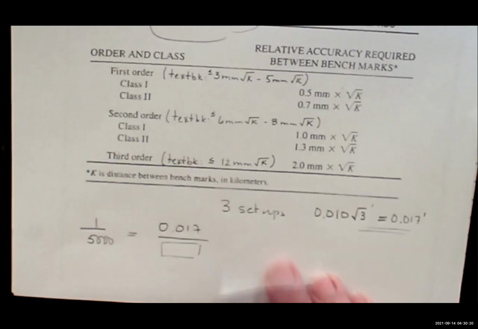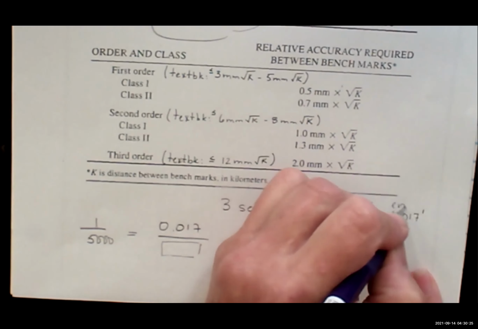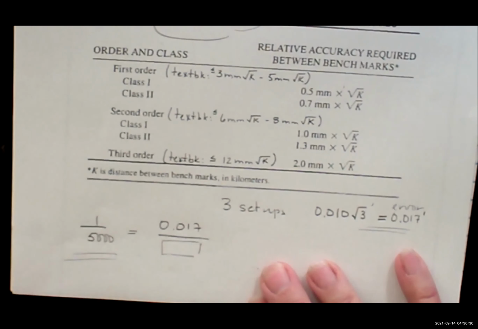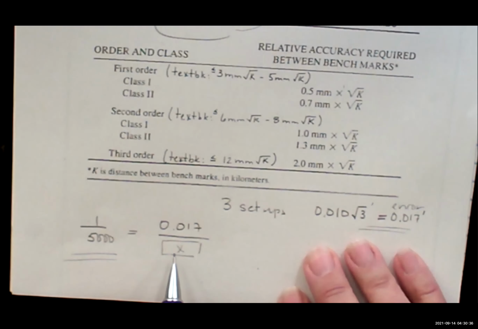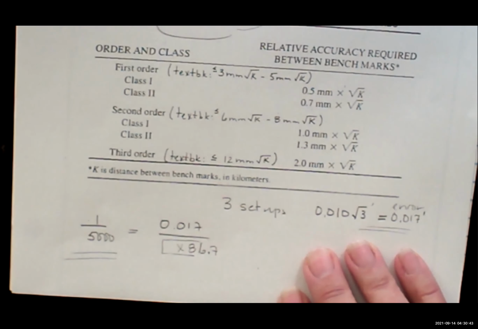So if on our lab we're allowed a 0.017 foot error because there are 3 setups, and let's say we're allowed a 1 foot error in 5,000, what is this value right here? 5,000 divided by... try it, just 0.017 divided by 86, is that about right? Somebody get it? 0.017 divided by 86.7, yeah?